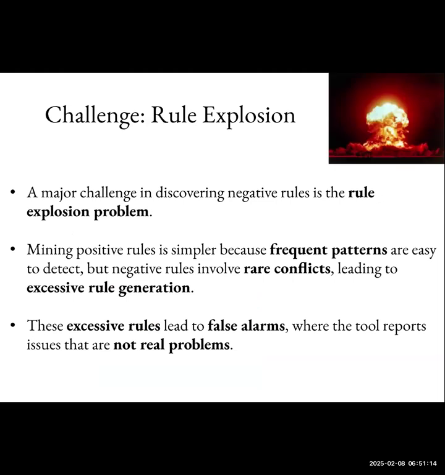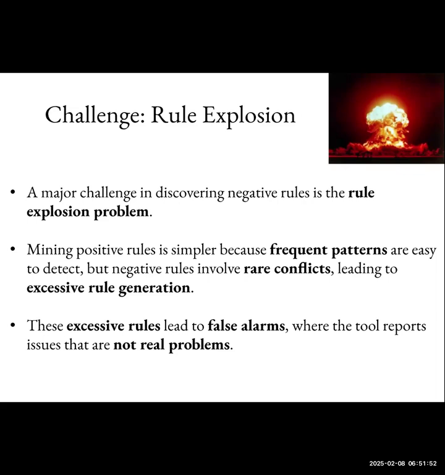So the first challenge that they face with negative association rule mining is rule explosion. A major challenge in discovering negative rules is the rule explosion problem. When extracting negative rules, many of them do not actually help in detecting bugs. Most of them are uninteresting rules that lead to false alarms, and it actually increases time for the developers trying to fix false alarms, while they could have saved a lot of time by working on a real serious bug.